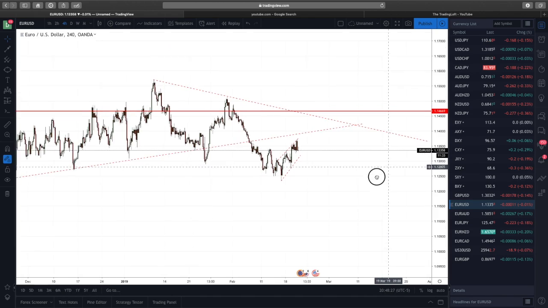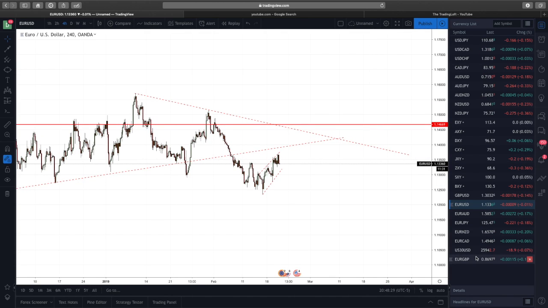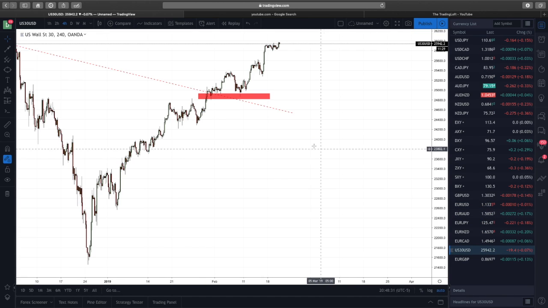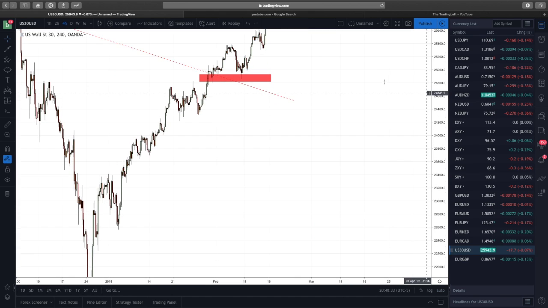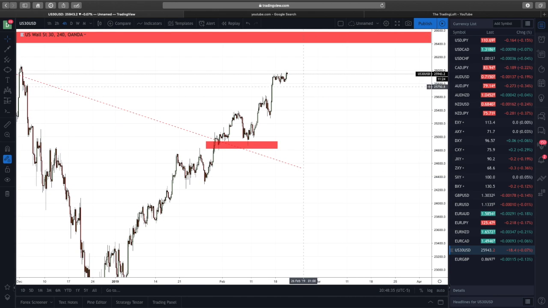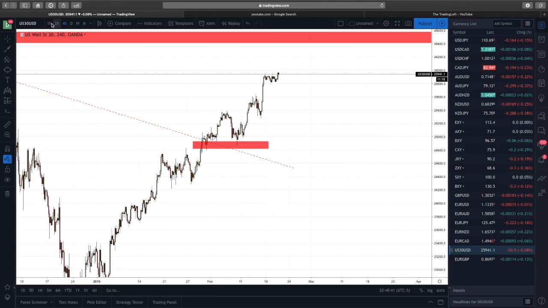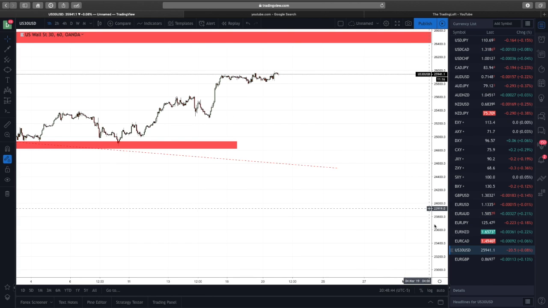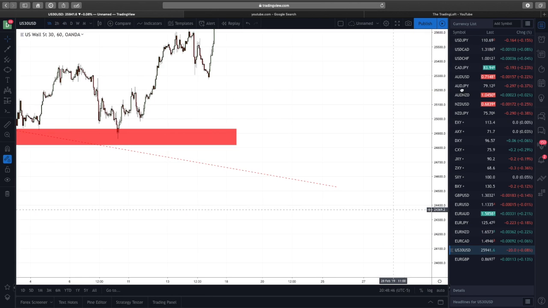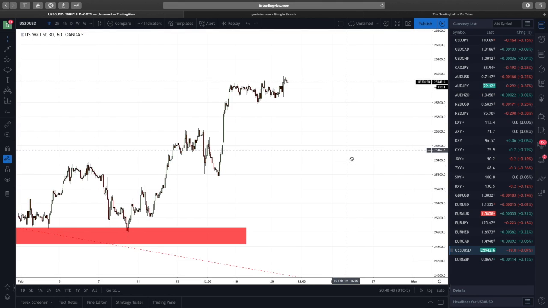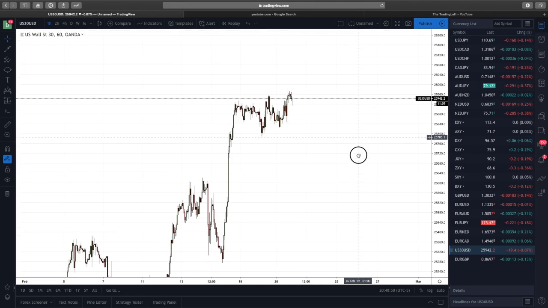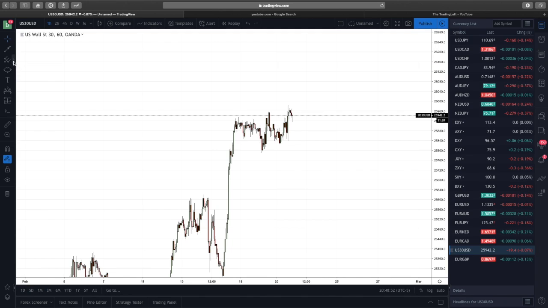For the Dow, the Dow hasn't moved too much. The last time I looked at it, it was around the 26,800 area, I believe. So it's been stalling here. If I go to a lower time frame, you can see that it was stuck in a little miniature range, or just consolidation, which is this area right here.